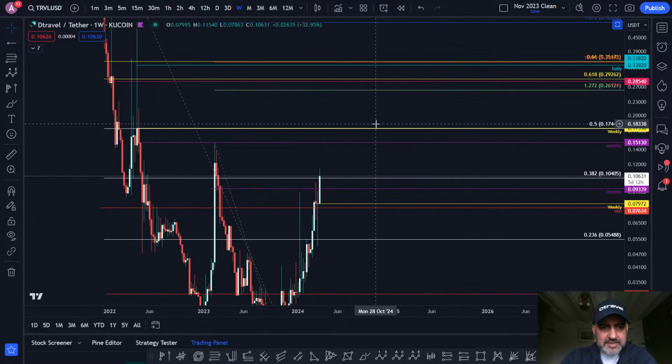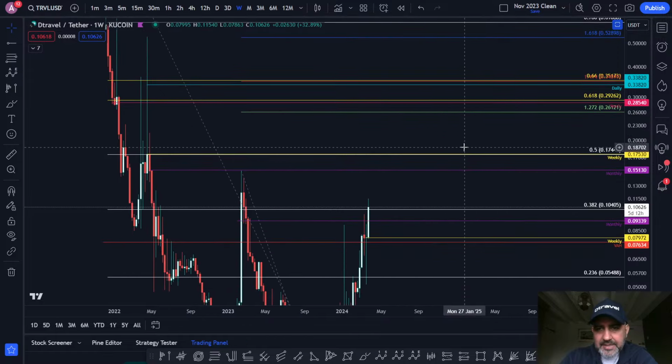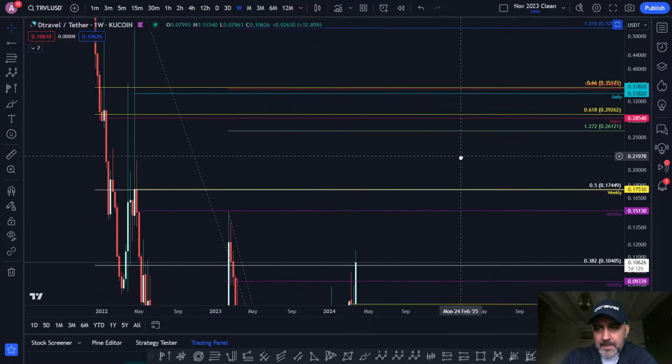So you can see that the 50 fib coincides with this weekly level already, at 17.5. So that's a place of interest.